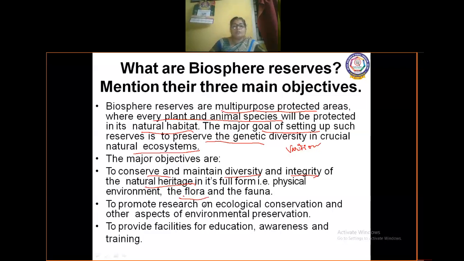To promote research on ecological conservation, other aspects of environmental preservation are taken into consideration. To provide facilities for education, awareness and training is to be the main objective of the country.